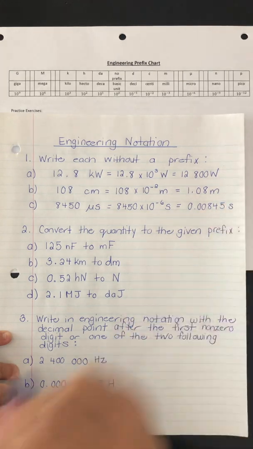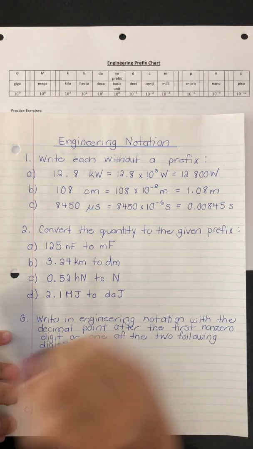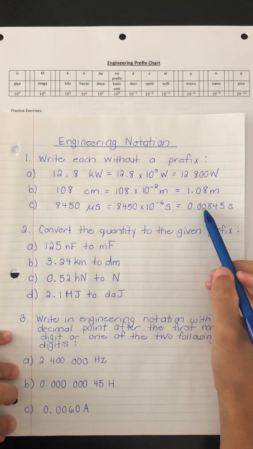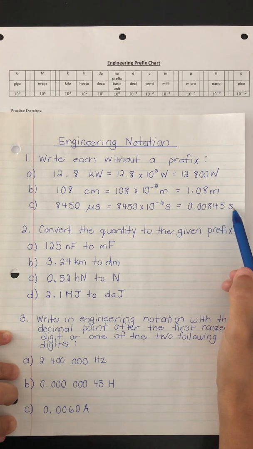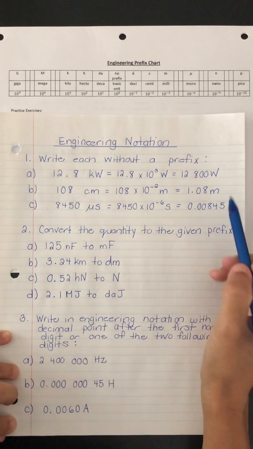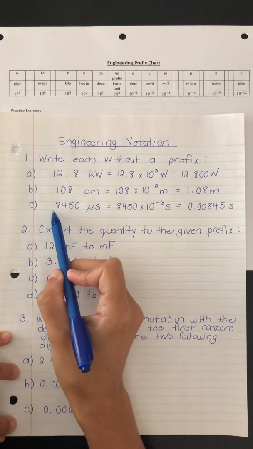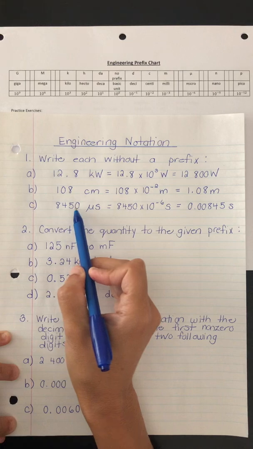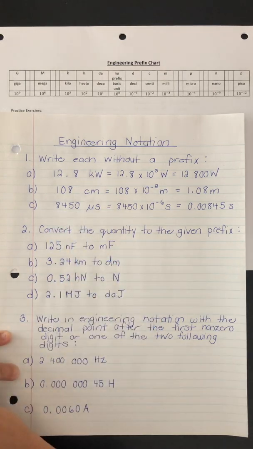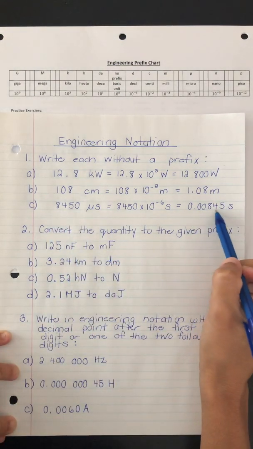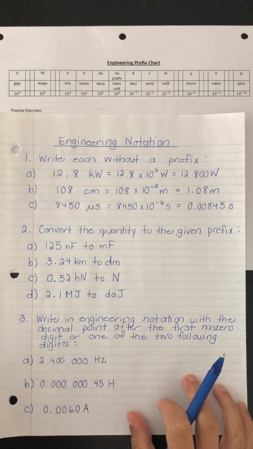So after moving it 6 places to the left, we would have 0.00845 seconds. Don't put a 0 here after the 5 because that trailing 0 would then be significant and you would be increasing the accuracy. Since the original number contains only 3 significant digits, we want to maintain 3 significant digits here as well.